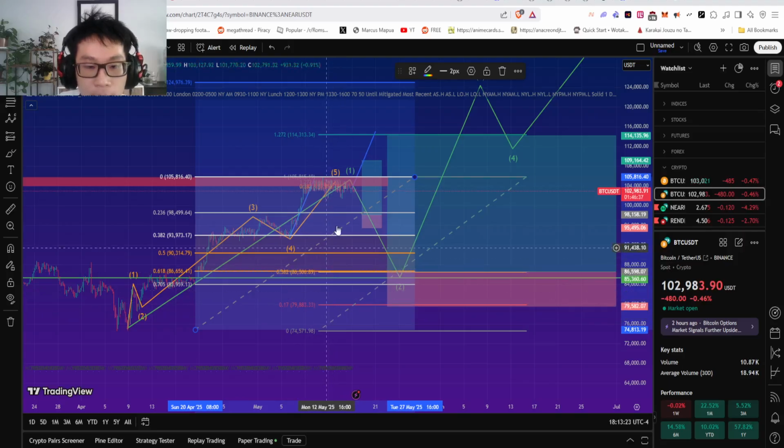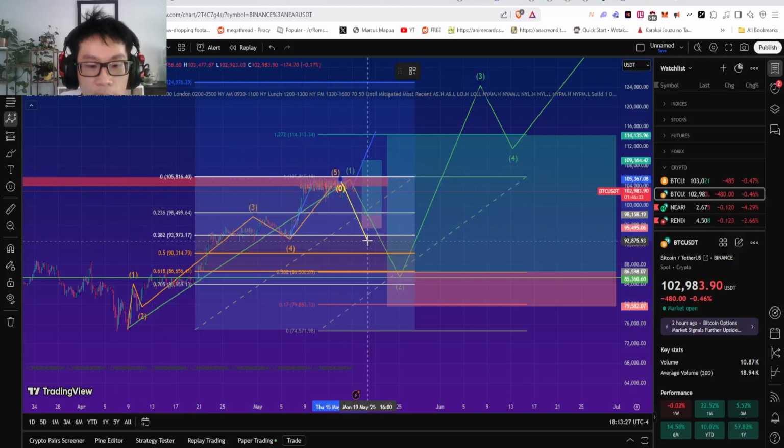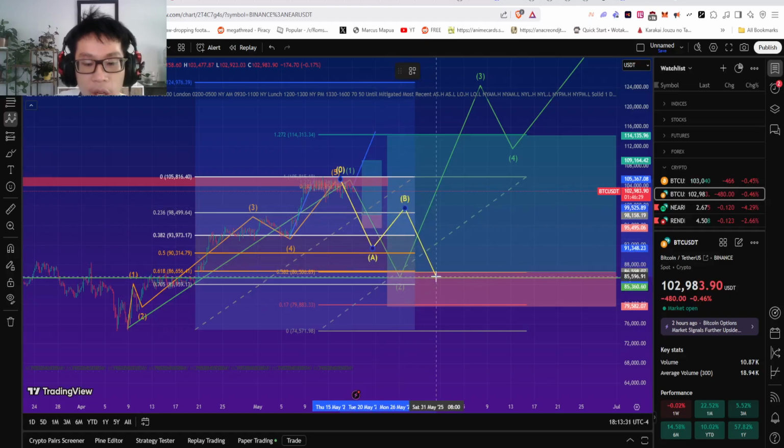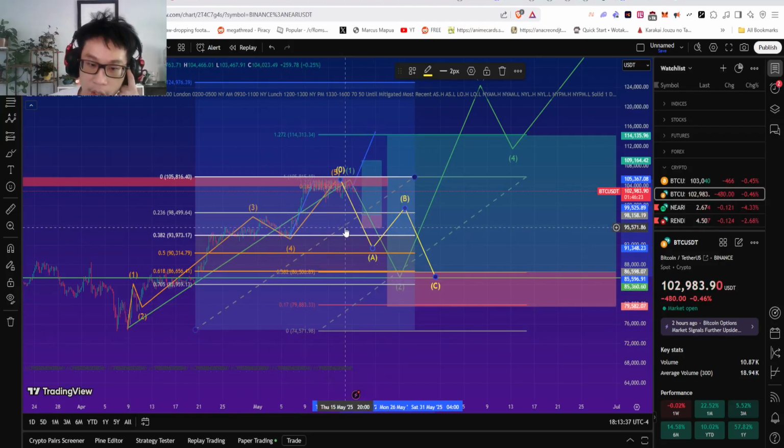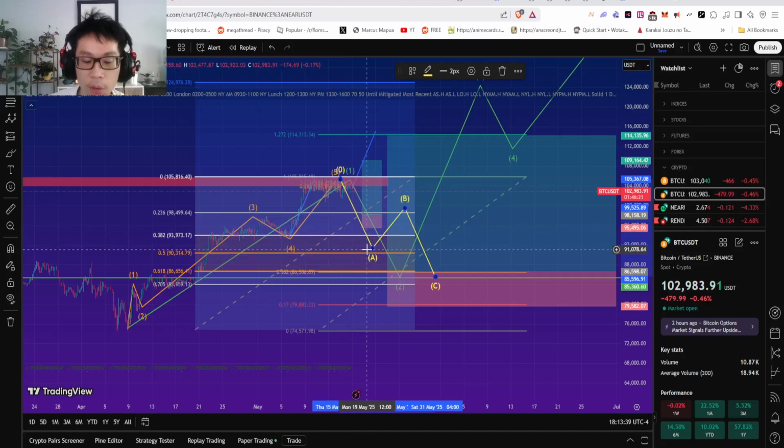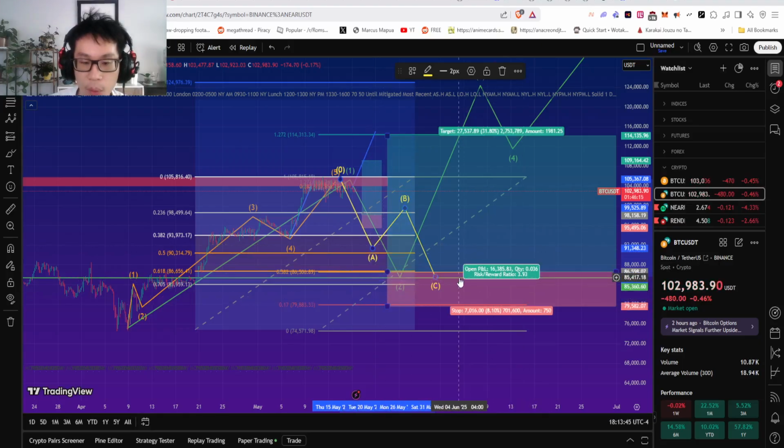So if this is wave 5 and we do get the ABC corrections, maybe A goes like here, and then B, and then C. If we have a correction, this is still pretty healthy, right? Because Bitcoin had a massive rally. We're still waiting for a correction for ABCs for our next wave to go higher. So this is not bearish or anything. This is actually very bullish in my case.